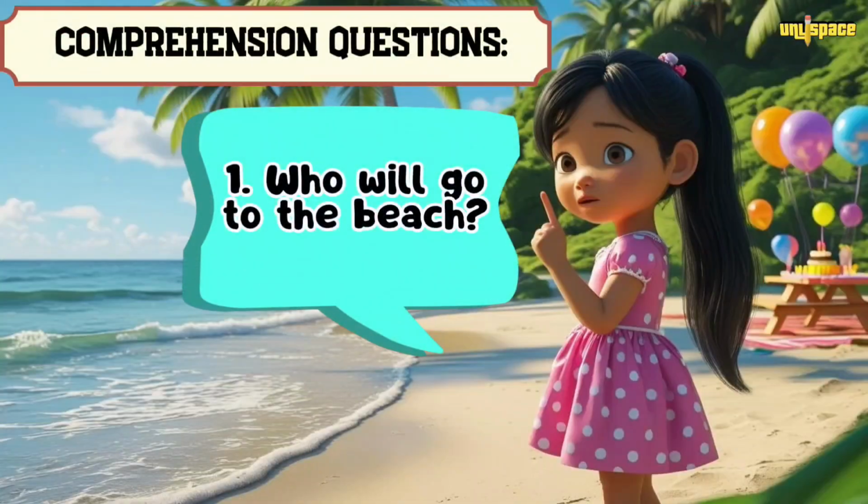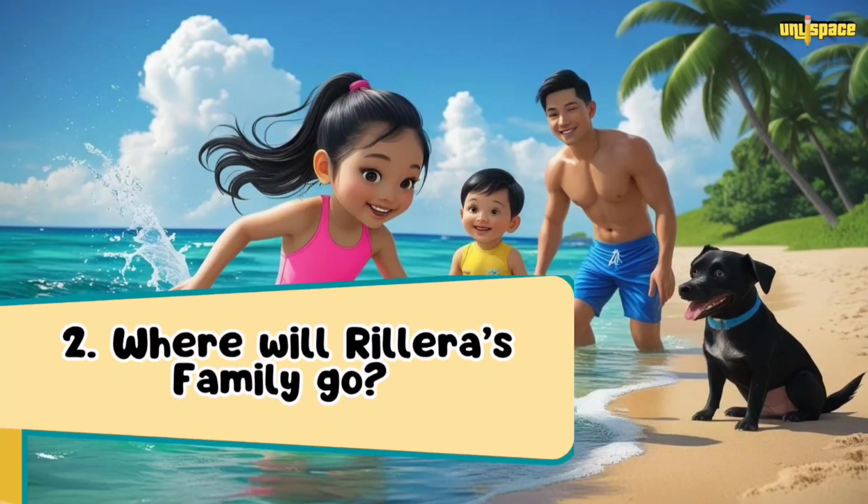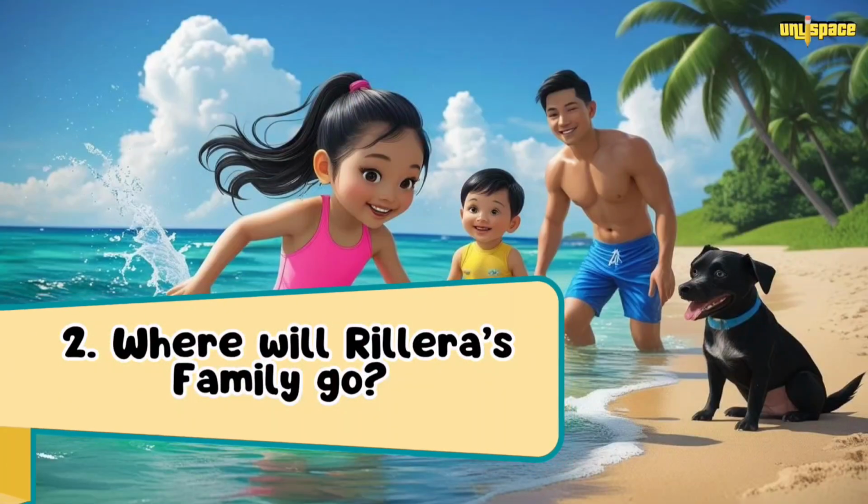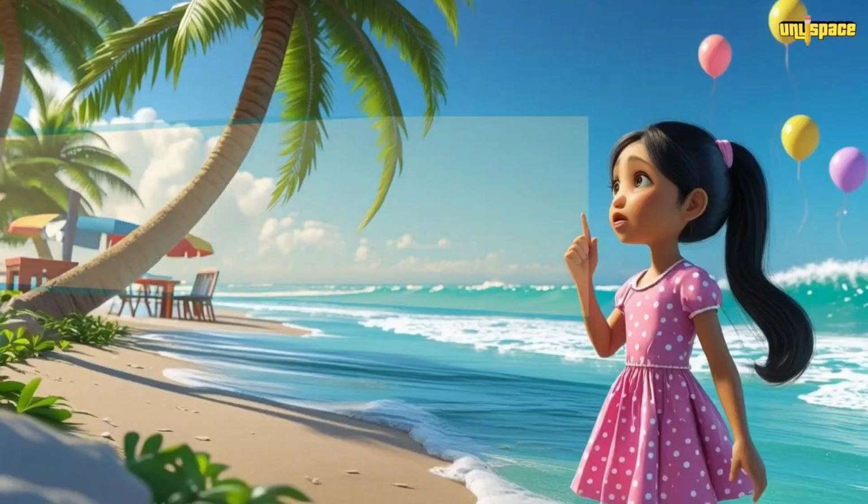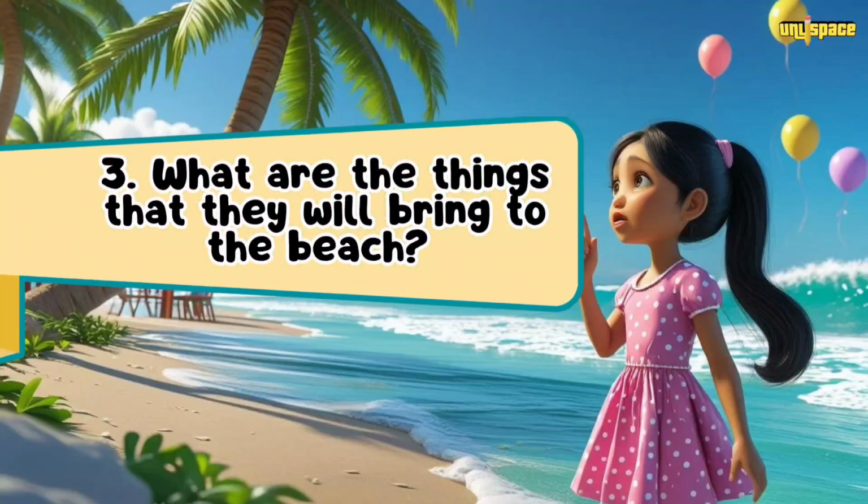Let's answer the first question. Who will go to the beach? Can you remember who's going on the trip? Where will Rillera's family go? What are the things that they will bring to the beach?